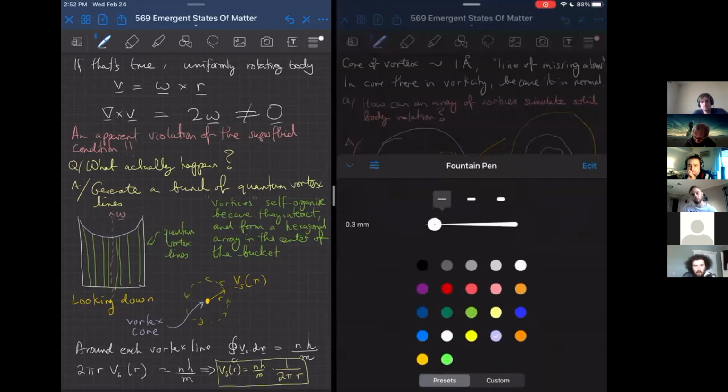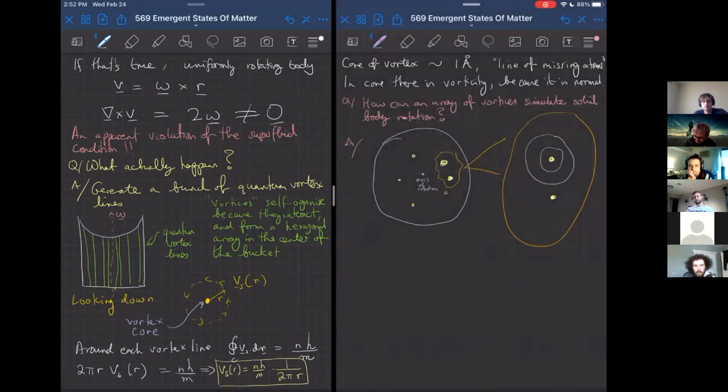And then for this one, let's use a different color. Something like that. Let's suppose they're all going round in the same direction, so the flow is going like this. And then for the blue one, it's doing the same thing.